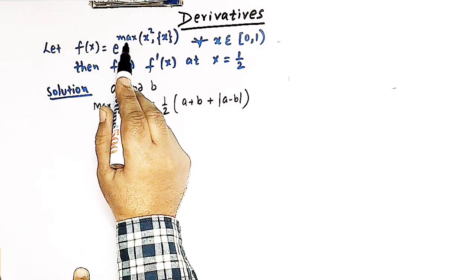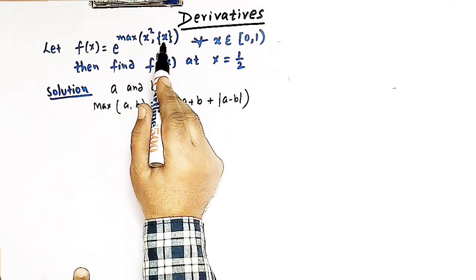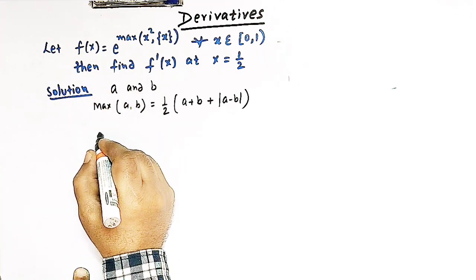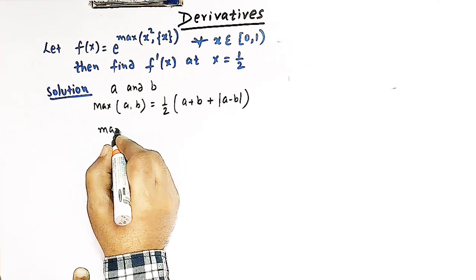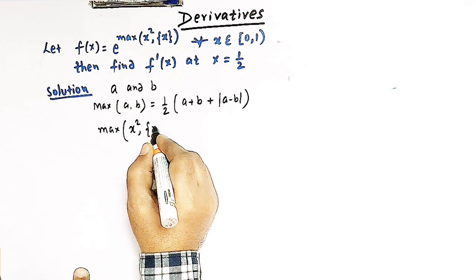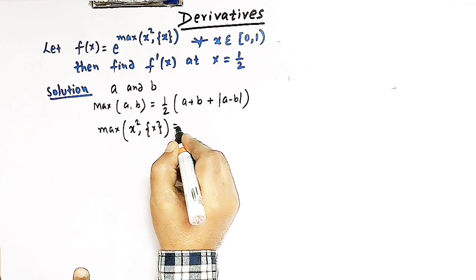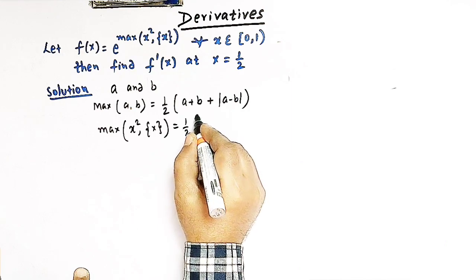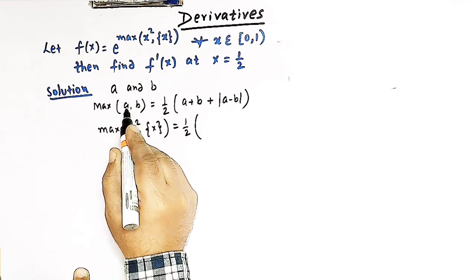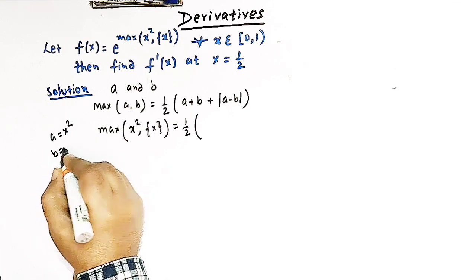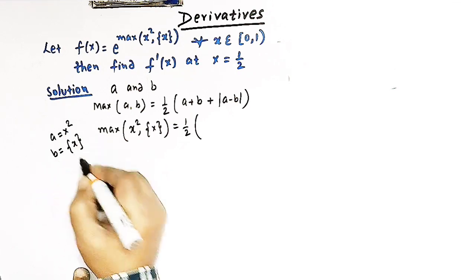So here we have maximum of x square and fractional part of x, right? So here we can write maximum of x square and fractional part of x using this result as half, and then we can take a is equal to x square and b is equal to fractional part of x.